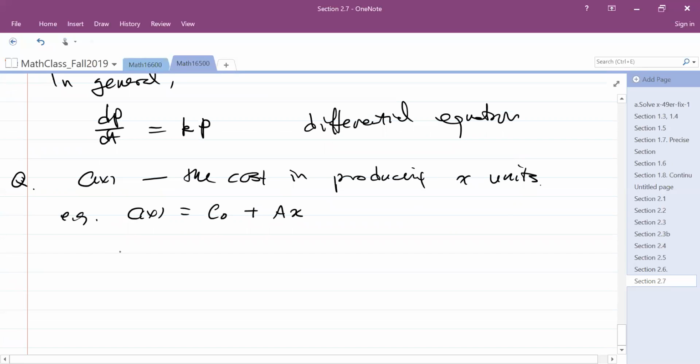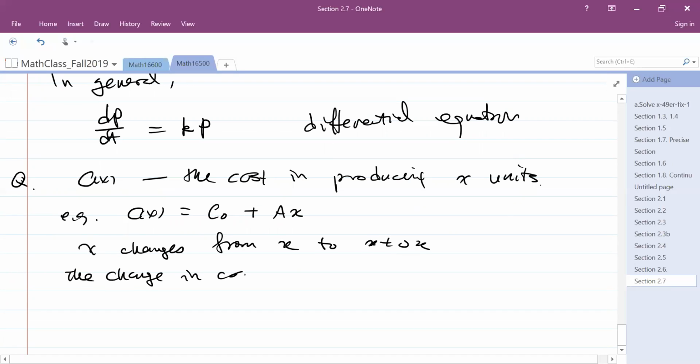Now suppose x changes from x to x plus delta x. Then the change in the cost will be delta C, which is C of x plus delta x minus C of x.